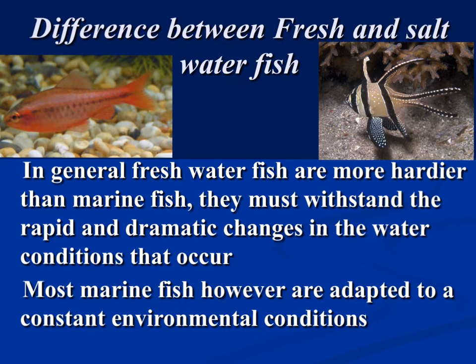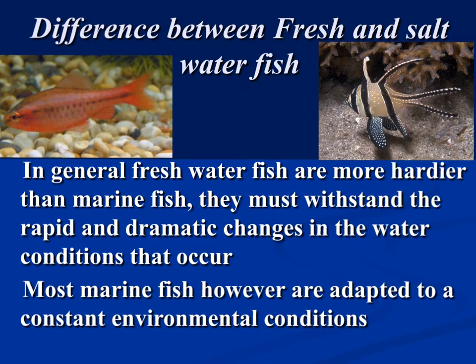So we have freshwater fish and we have saltwater fish. What's the difference between fresh and saltwater fish? Well, in general, your freshwater fish are going to be more hardy. Freshwater fish, if you think about all the different sizes of lakes and ponds and streams, the temperatures can change, the turbidity can change.